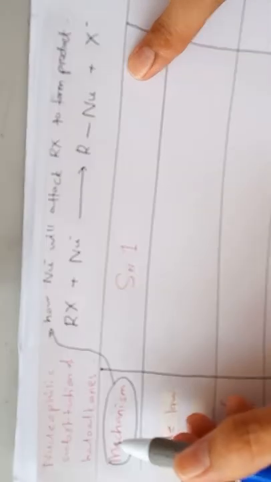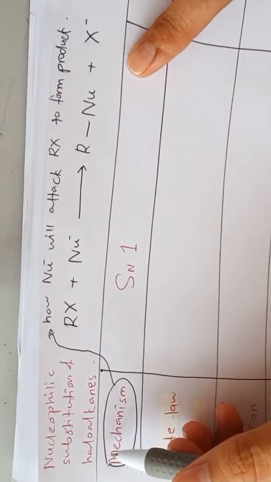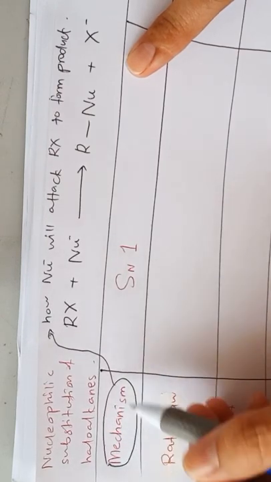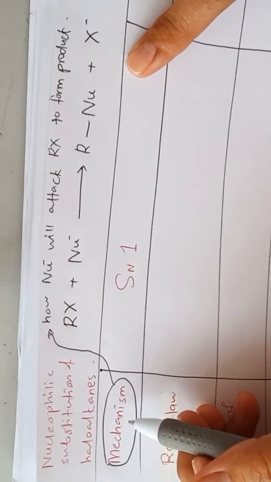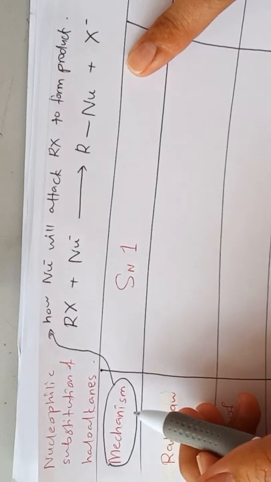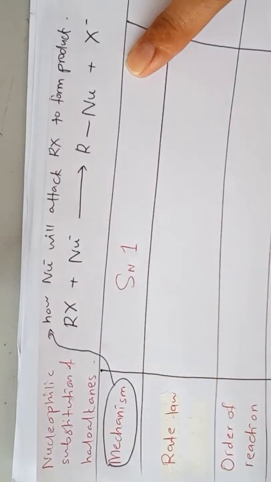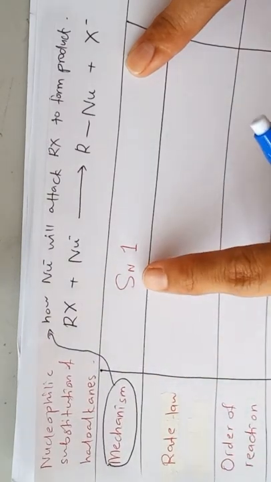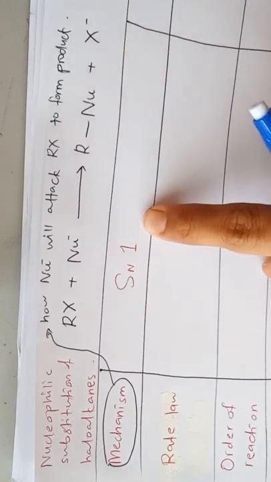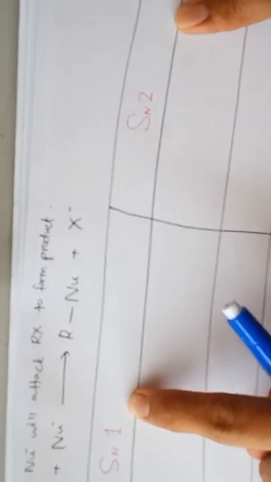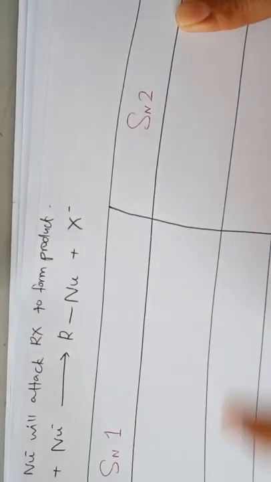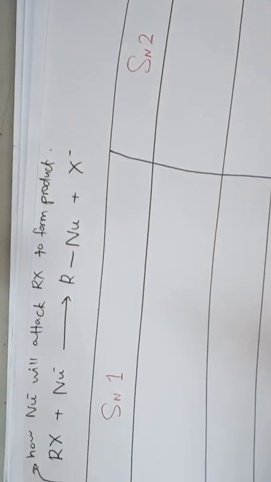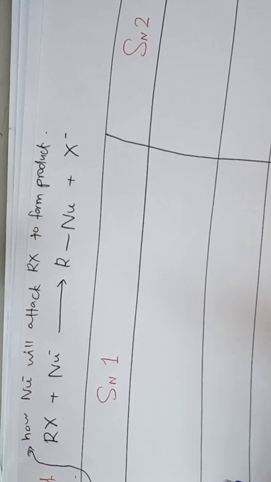In the nucleophilic substitution reaction of haloalkane, we have two types of mechanism on how the nucleophile will attack the haloalkane. One is called the SN1 mechanism, and the other one is called the SN2 mechanism. So there are two types of mechanism on how the nucleophile will attack the haloalkane to form product.